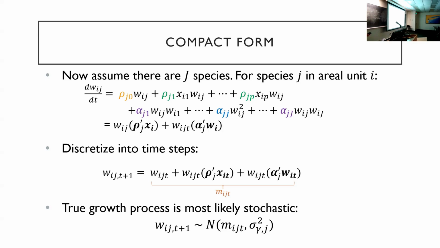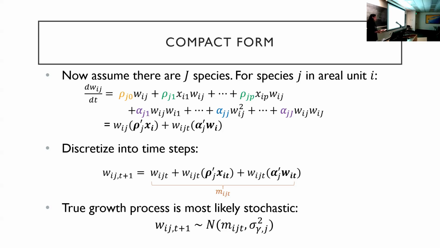And so I'm just making a little note to be true to the model. The timing notation gets a little bit crazy because we have two processes going on. We have growth, and eventually there's going to be redistribution. And I don't want it to be, oh, growth takes us to time t+1, and then redistribution takes us to time t+2.